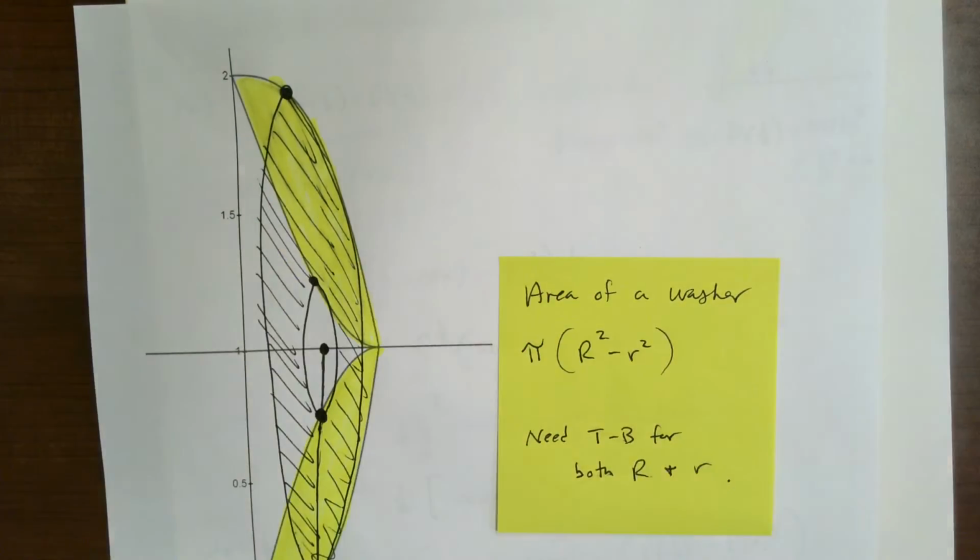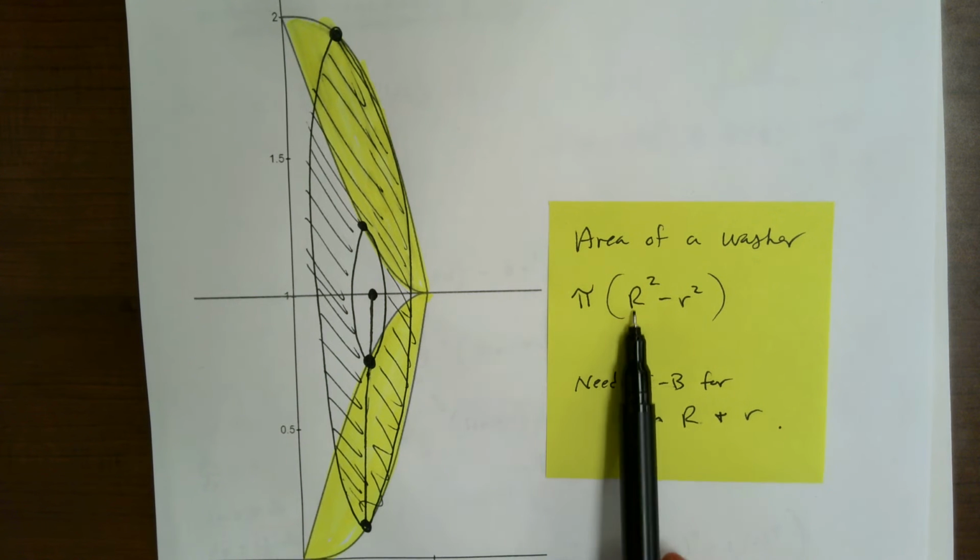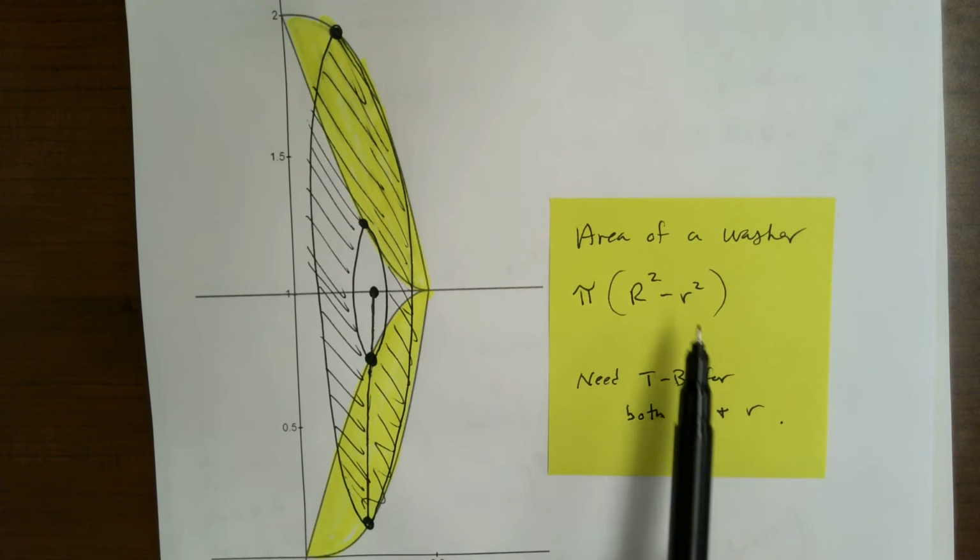Okay. And you need to know that the area of a washer is pi big R squared minus little r squared.